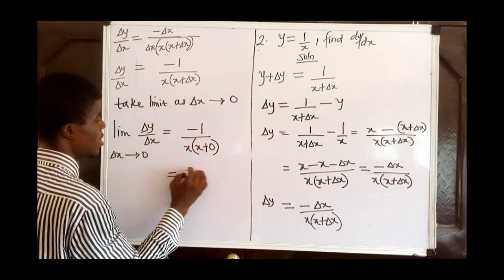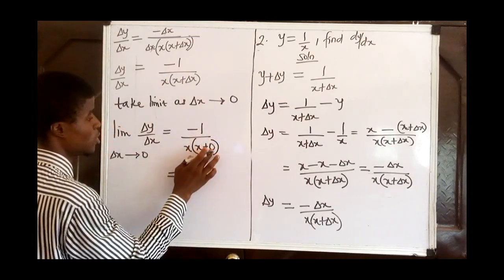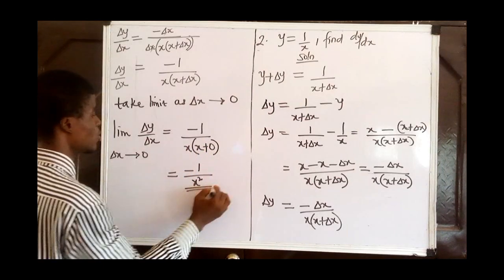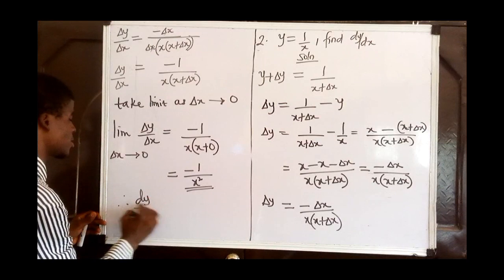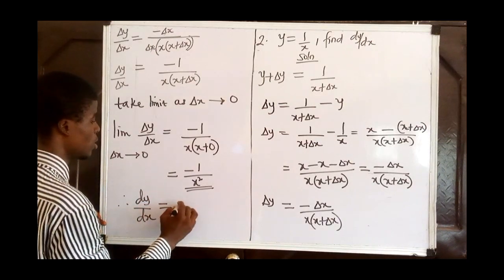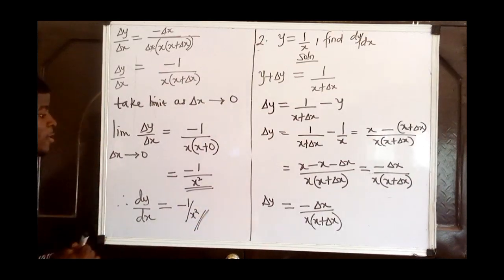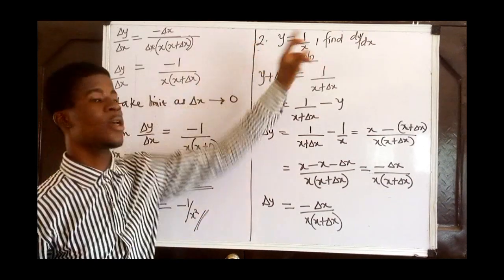And this is negative 1 over x times x plus 0 is x, and x times x is x squared. So therefore, dy/dx is equal to negative 1 over x squared. This is the derivative of 1 over x by the first principle.